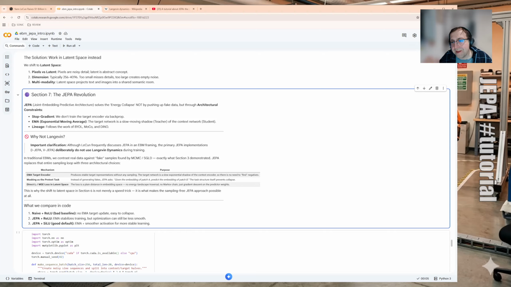The reason we're using CeLU units is that it gives you a smoother activation for stable learning. I guess you can use ReLUs, but it tends to be less smooth. Or you can run without the EMA update, and you should see it collapse. You can play with this code and disable that.